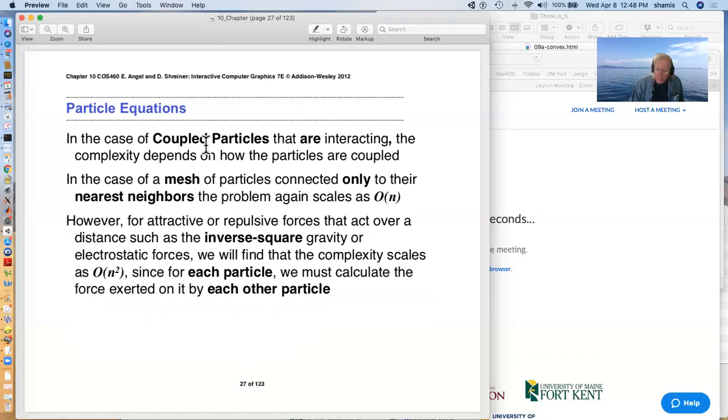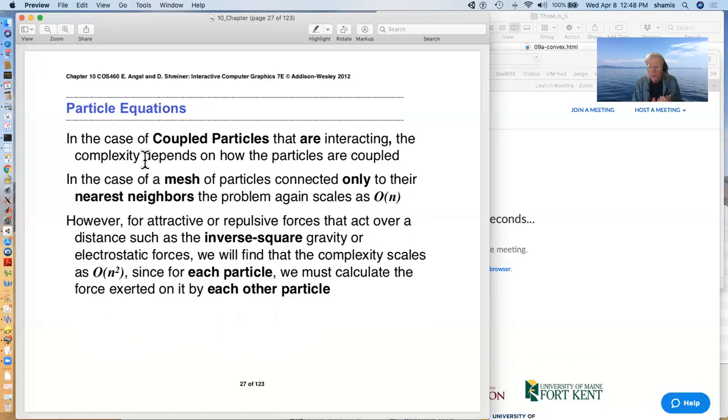If we have coupled particles, then how that complexity is going to depend on how these particles are connected. If we had some mesh of materials that were connected only to their neighbors, like a mesh with springs connecting things, then the problem still scales as order n.